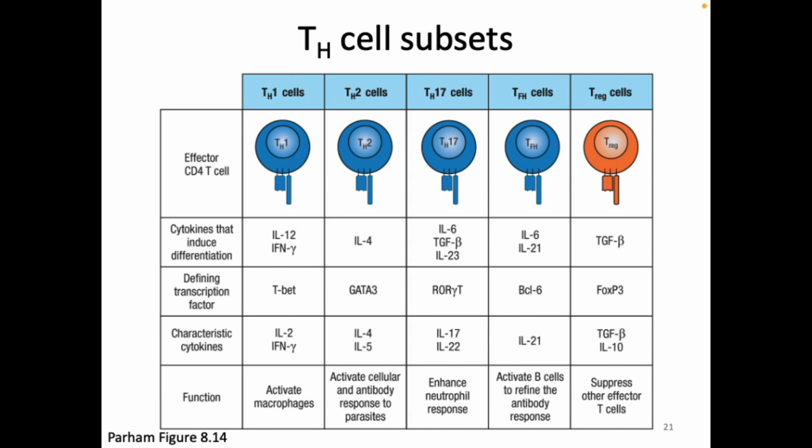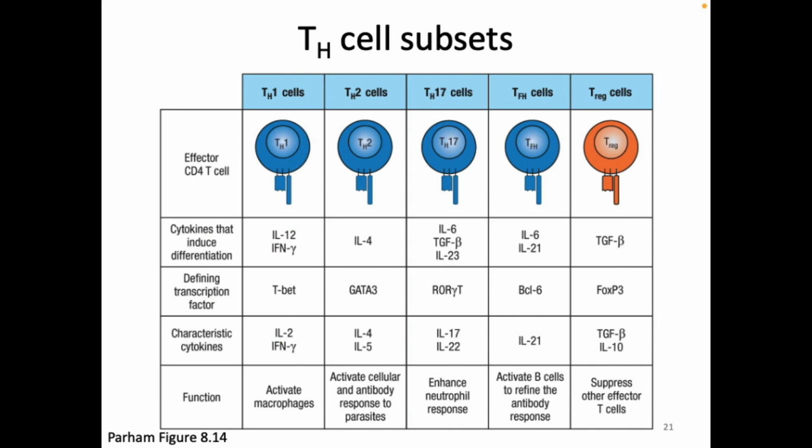Then you can see the transcription factor that's important for that cell type, and those transcription factors are also listed here. And then you can see the cytokine that is produced by the subset down here. Again, there are often multiple cytokines listed. I'm usually going to mention one of them.